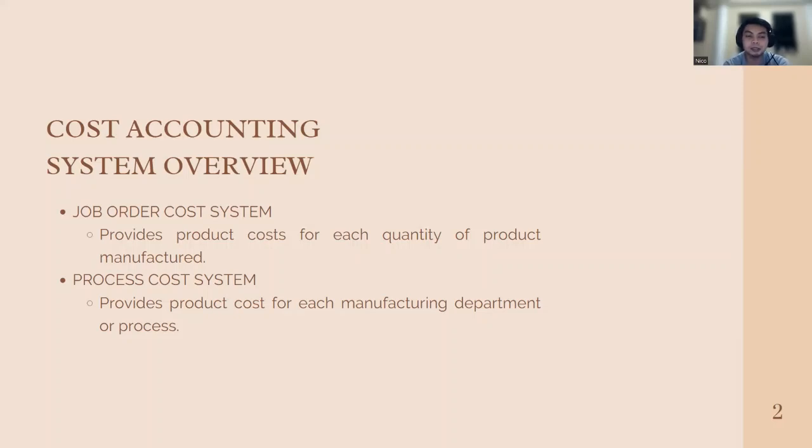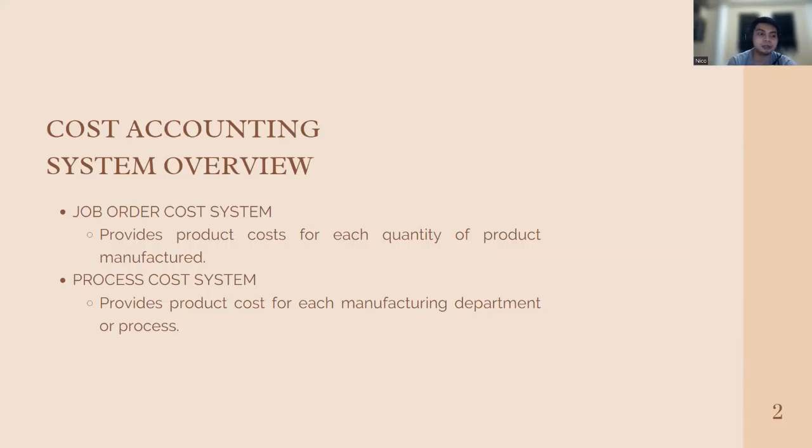This provides product cost for each quantity of product manufactured. Each quantity of product that is manufactured is called a job. Job order cost systems are often used by companies that manufacture custom products for customers or batches of similar products.